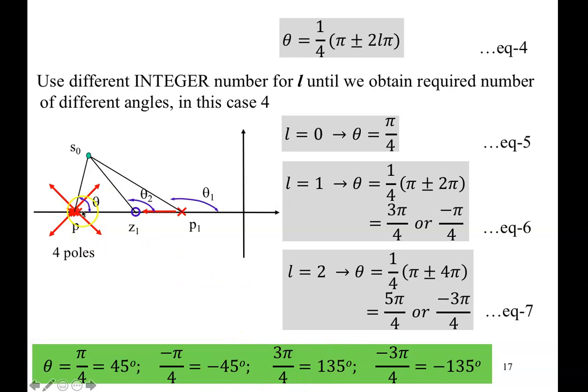Therefore, the 4 closed loop poles will move, not the open loop poles, which stay there. The closed loop poles will move one towards 45 degrees, one towards minus 45 degrees, one towards 135 degrees, and one towards minus 135 degrees.